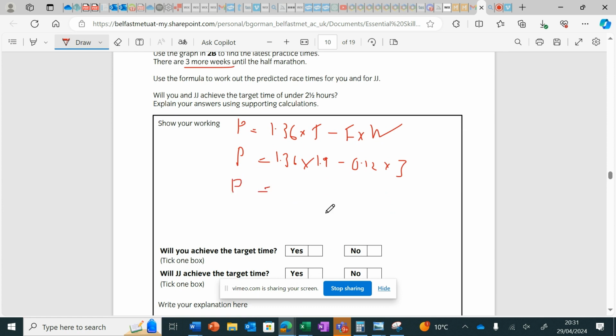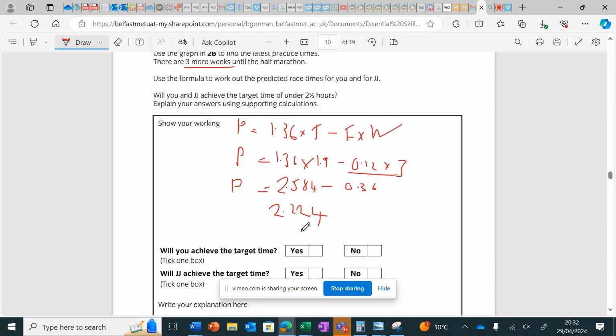So I get a calculator. I do 1.36 times 1.9, and I get 2.584. And we just take away this, we multiply it first, 0.36. Just do it in the calculator, 2.584 take away 0.36 is 2.224.